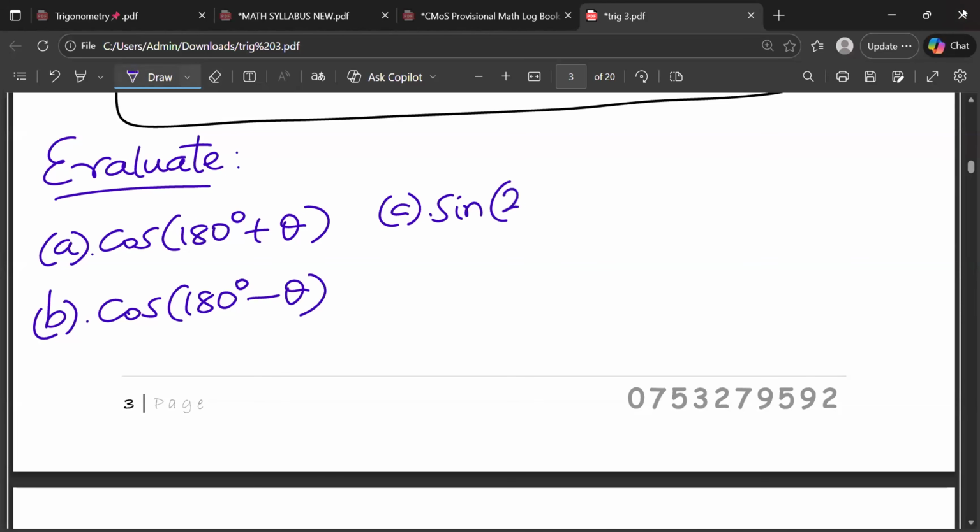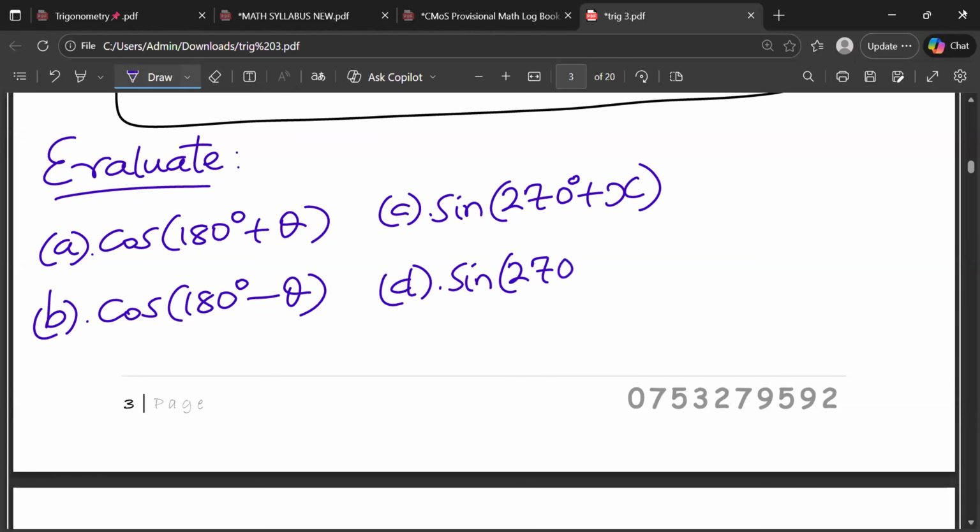I'll be happy to see answers of this. Let me use cos theta, then I use x. These are things that will make you stronger in the topic. You'll be seeing things coming out and you'll be very happy.